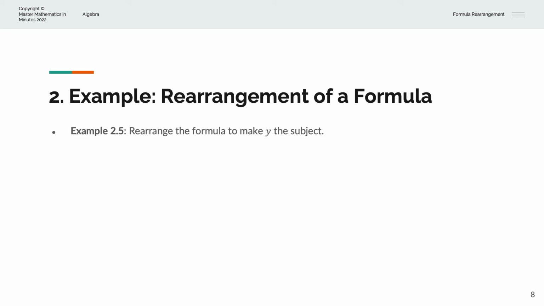In a fifth example, we're asked to rearrange the formula to make y the subject. And we're given the expression y to the power of 1 over 5 plus 7 plus x is equals to 9. So we'll bring the plus 7 and plus x to the right-hand side, and that becomes minus 7 and minus x. We'll copy the 9 down, and we'll copy y raised to the power of 1 over 5. So 9 minus 7 is 2, and we'll copy the minus x down.